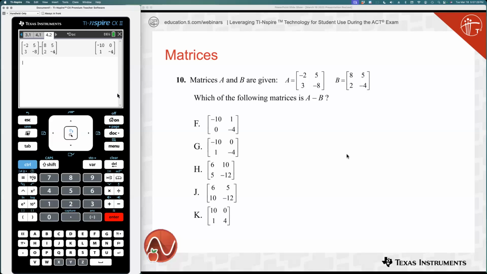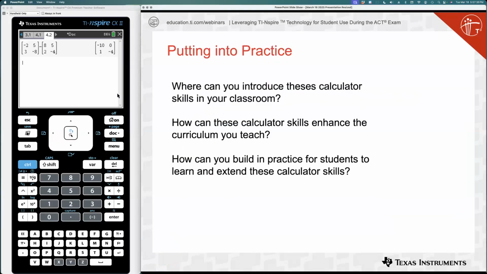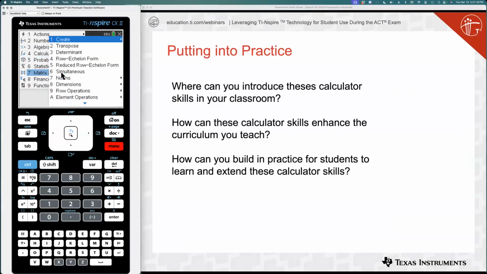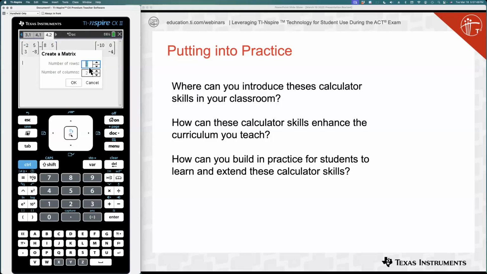And do you want to show the other place where we can get the matrix template? The other place that we can get them is just straight up in the menu. There is a matrix and vector menu. I've just taught a unit in matrices in my upper level class. So you're just going to go into matrix, and then you get this menu where you can create it.